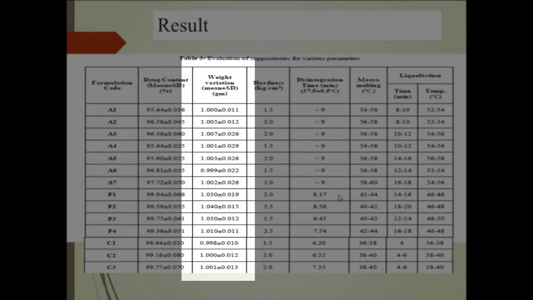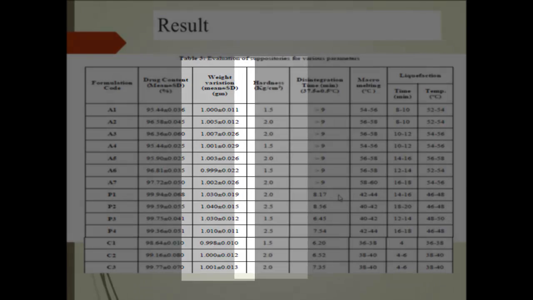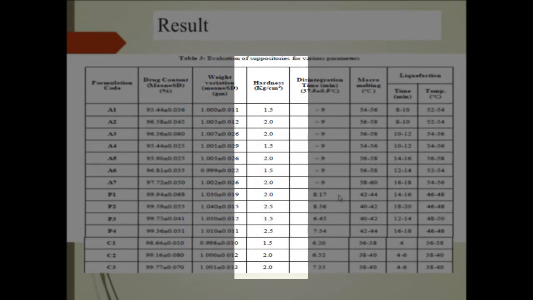The weight variation of all suppositories was found to be within the acceptable range, which is less than 5%, and the hardness of all the suppositories shows good strength in the range of 1.5 to 2.5 kilograms per centimeter square, showing optimum hardness.